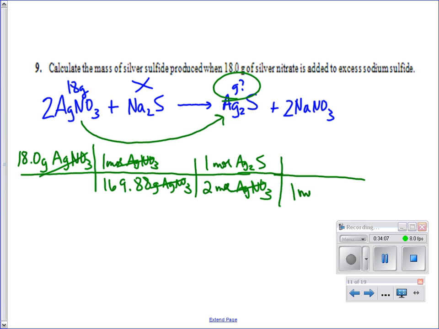For every 1 mole of Ag2S, I have 247.81 grams of Ag2S. Okay, let's multiply. And to 3 sig figs, how many grams of Ag2S did I produce? So 13.1.